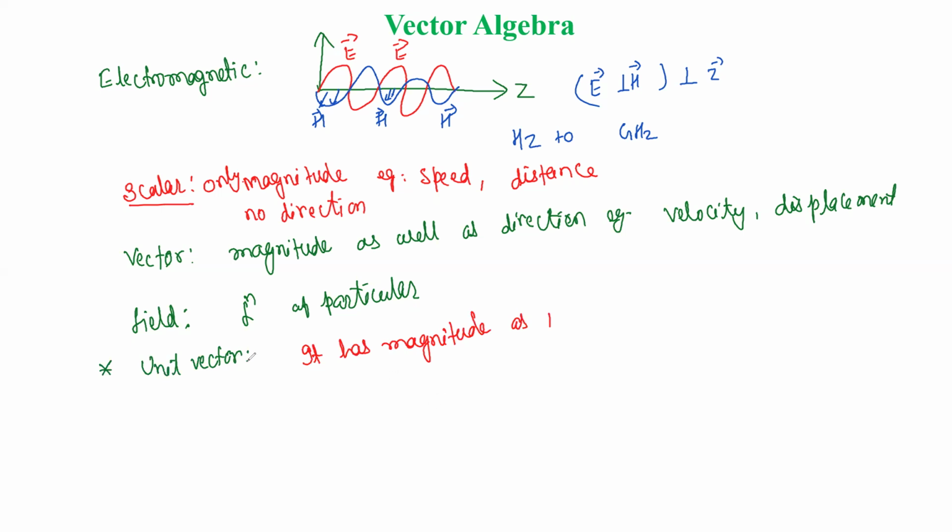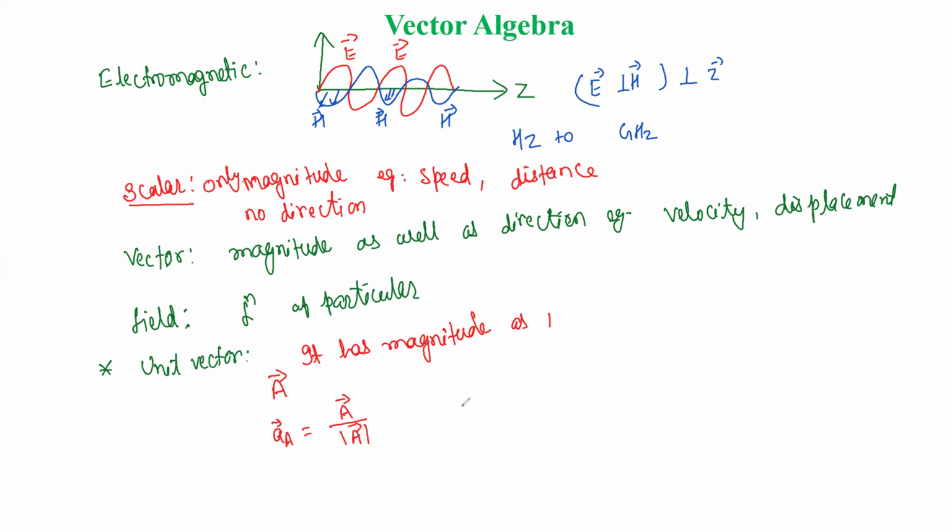Now suppose, for example, A is any vector, and for that we have to find the unit vector. That unit vector is represented by a subscript A, so for vector capital A we put the suffix A. It is defined as the vector A divided by the magnitude of the vector A. That will give us the unit vector.